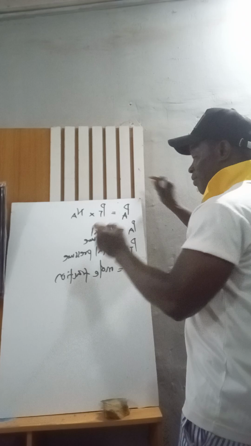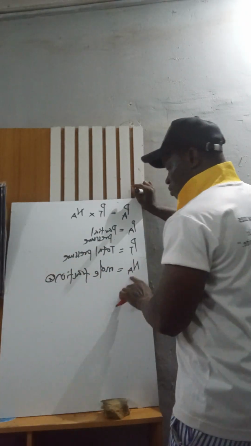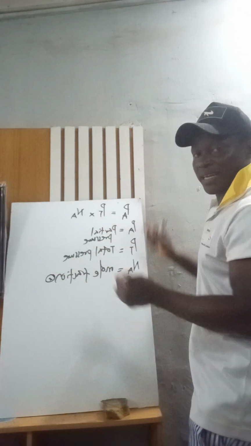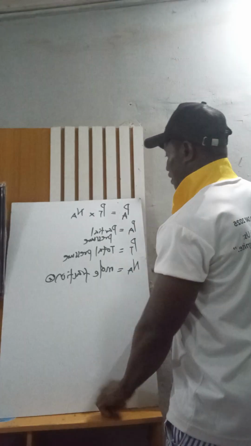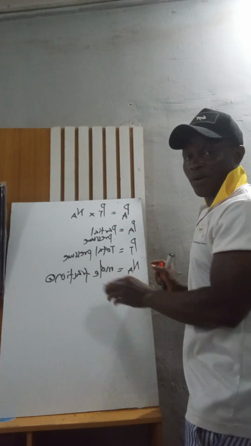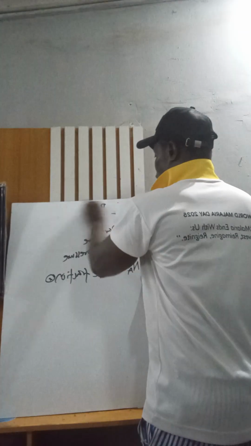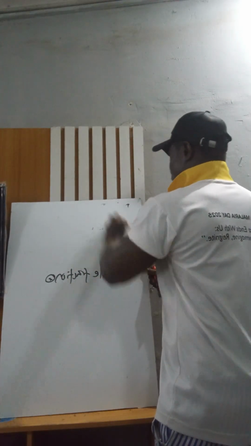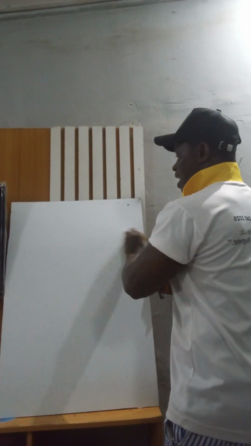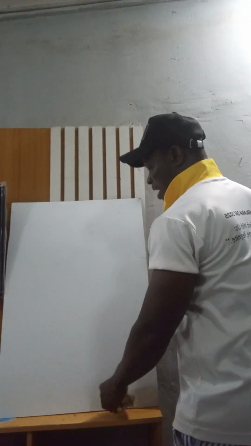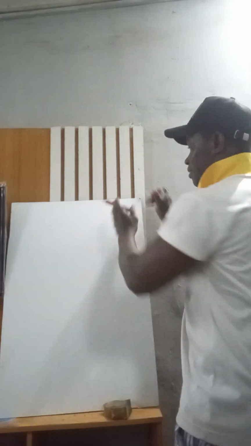Okay, so now I want to remove this and define the mole fraction. So I'm going to take this off the board. Now, what do we do with this information? Whenever you are asked to find the mole fraction of a gas, what does it mean?